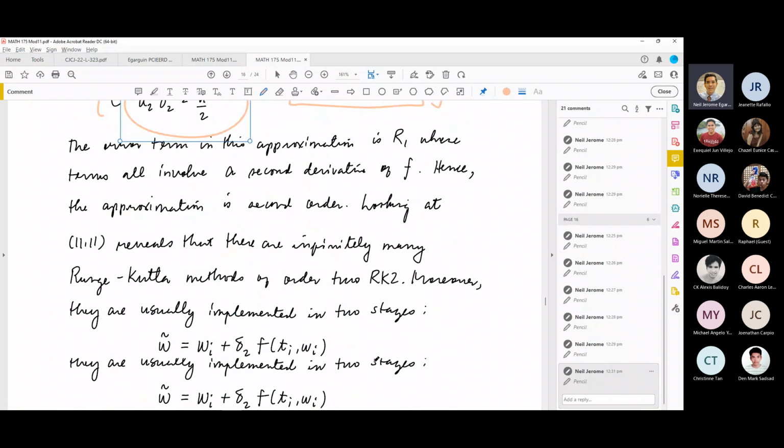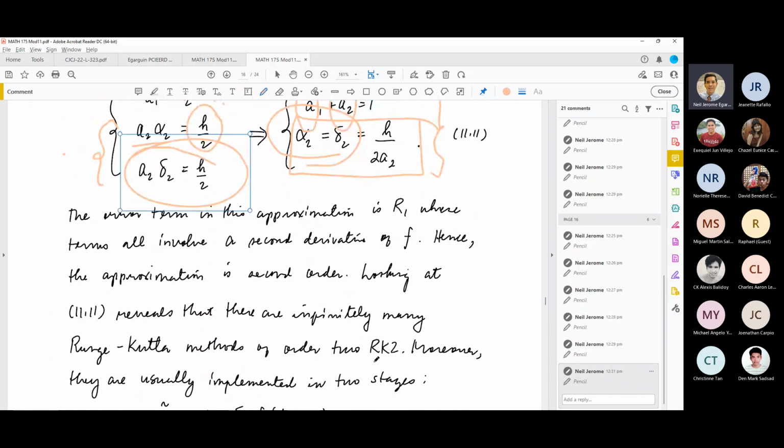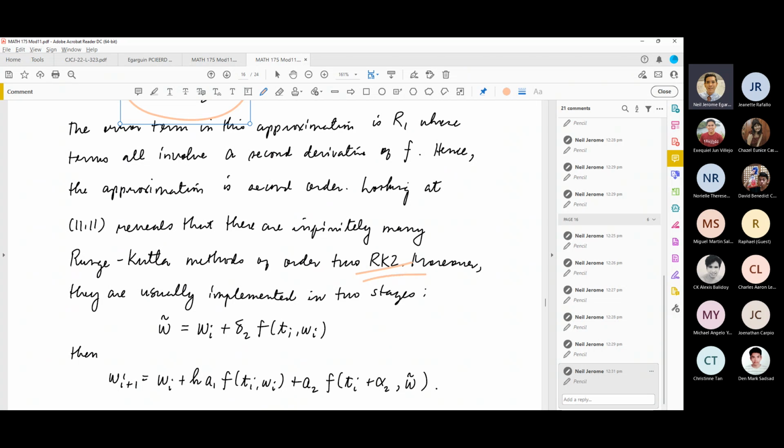Pero ang pinaka-common na mga ginagamit na Runge-Kutta methods ay modified Euler, the Heun's, at saka the Optimal RK2 methods. Pero before presenting those three variants of Runge-Kutta of order 2, tawagin natin yung Runge-Kutta of order 2 as RK2.